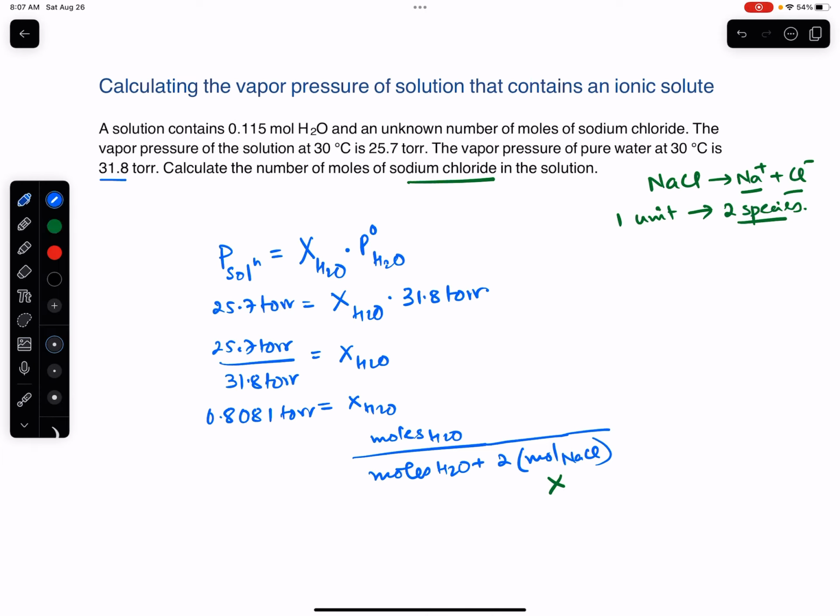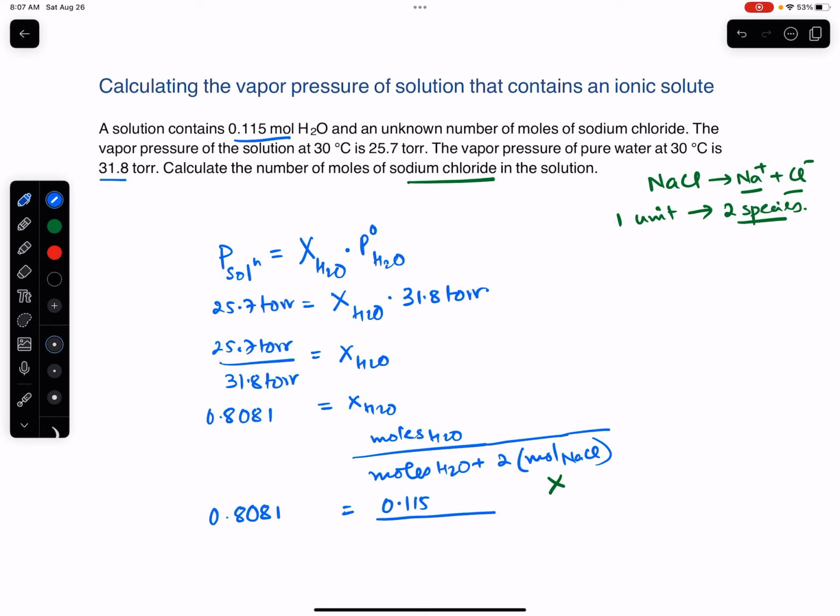So then let's go ahead and plug the values in. That's the mole fraction, so there are no units there. The moles of water is 0.115, given to us in the problem. We're going to drop all the units because they cancel out, with the exception of what we're trying to find.